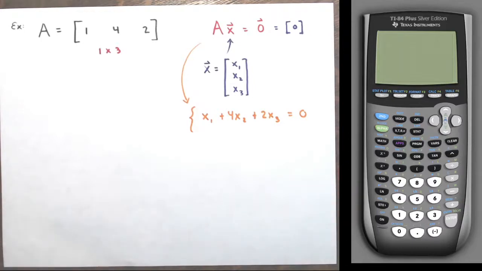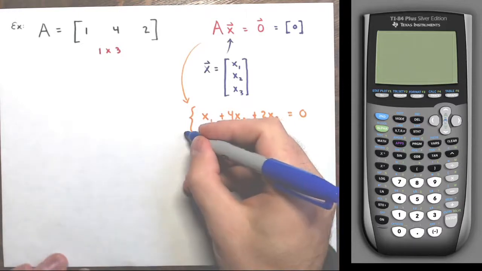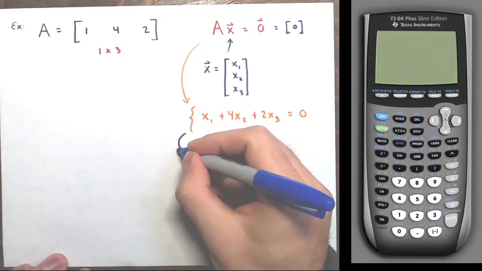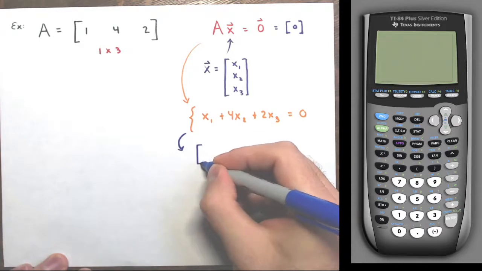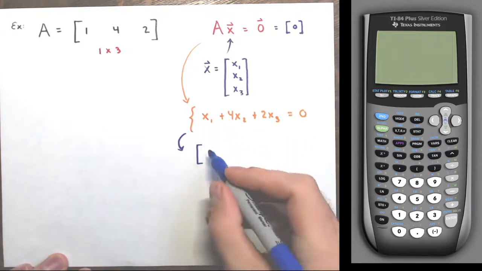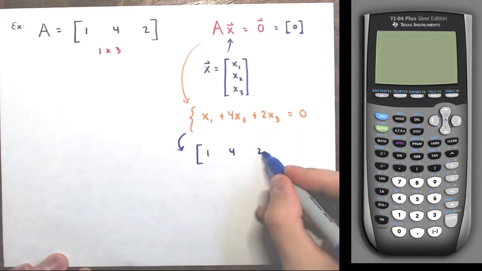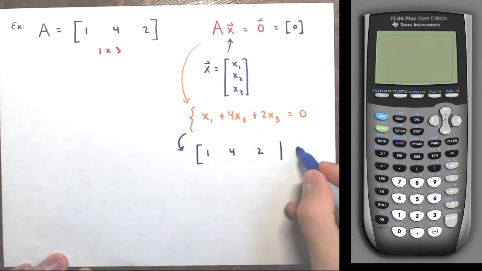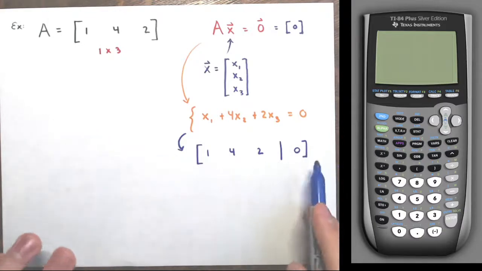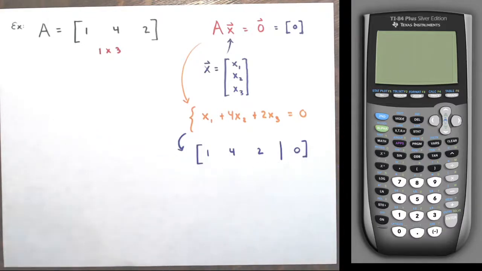And the corresponding augmented matrix, you've got the 1 row matrix here where coefficients of x1, coefficients of x2, coefficients of x3, little bar, and then zeros on the other side. Again, after this first couple examples, I will stop doing this and really only just focus on matrix A, right?